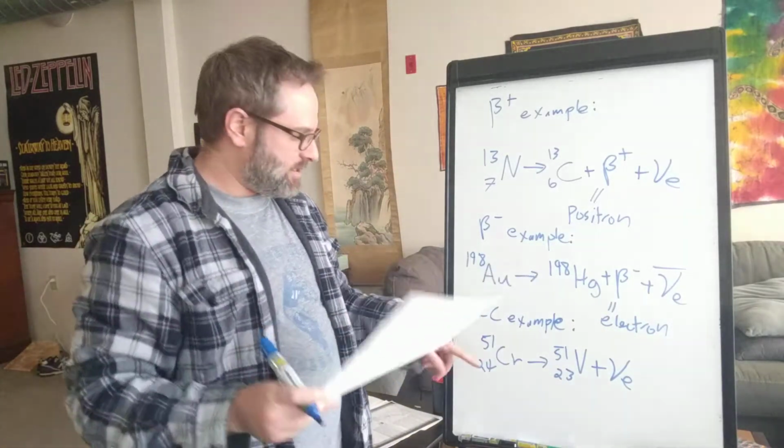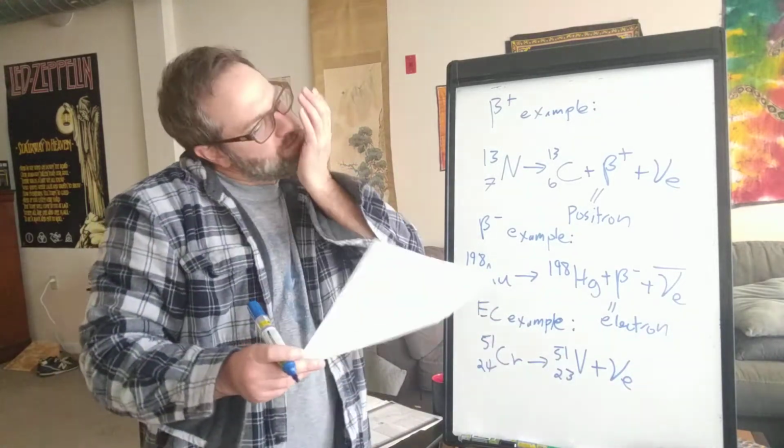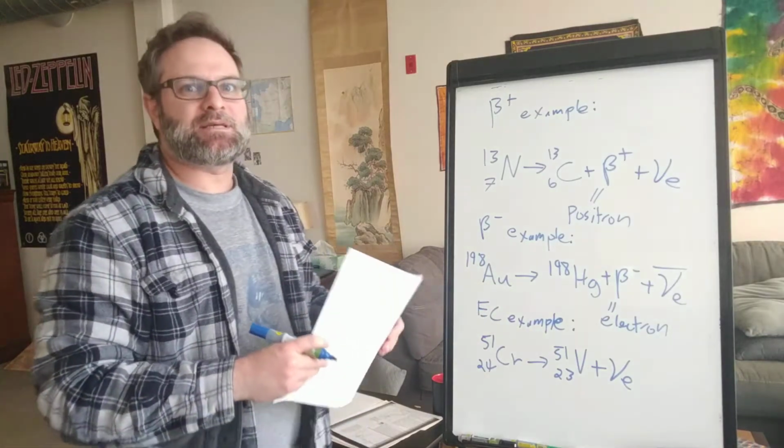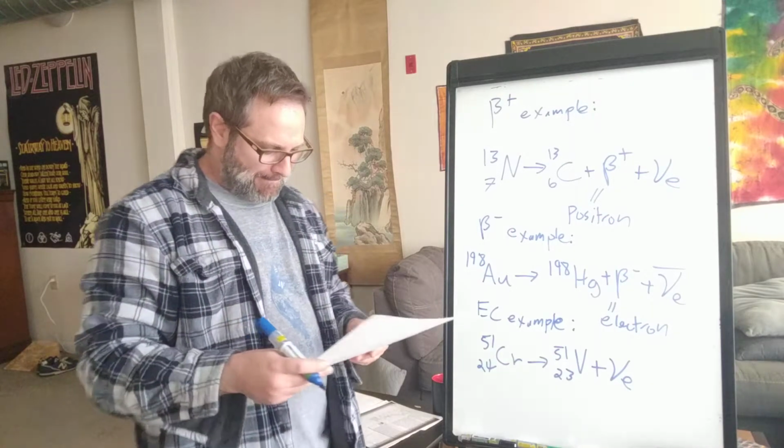Right? So in this process, only the neutrino escapes. So it's not a very visible process, because the thing that gets out of the nucleus is the thing that's most difficult to see.